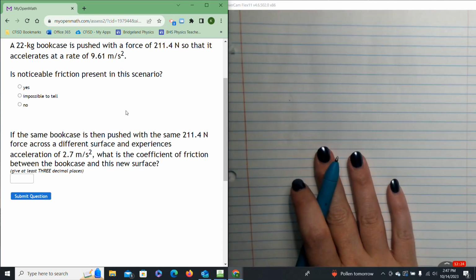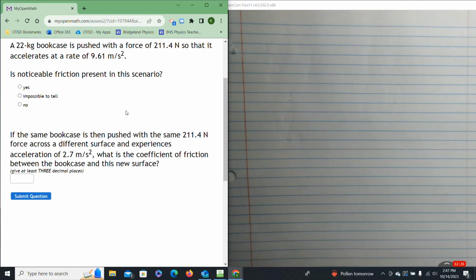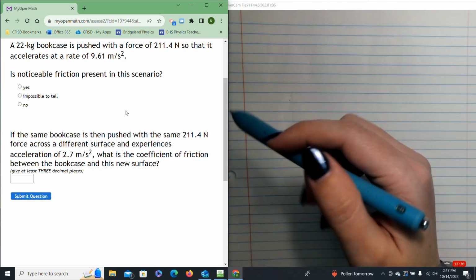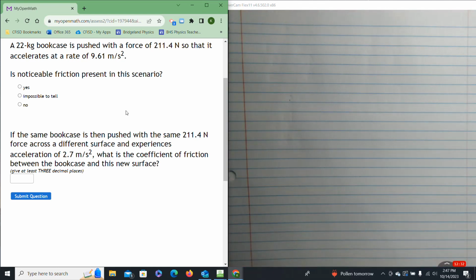Okay, and I did ask you a question in class about how friction affects acceleration. So before we even look at these numbers, let's say there's friction present and I'm pushing something.